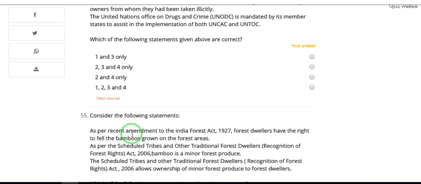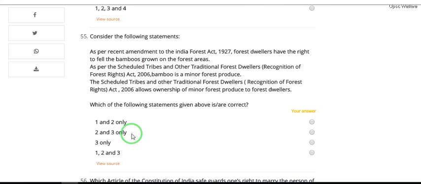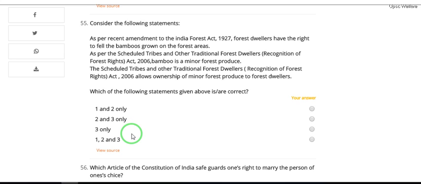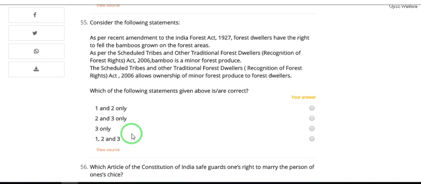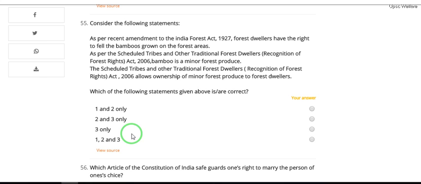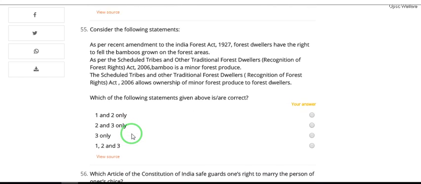So let me take time, let's leave it here. Now consider the following. So here, see question 55: as per the recent amendment, I still haven't found out which one is going to be correct, because I still have confusion in these questions.